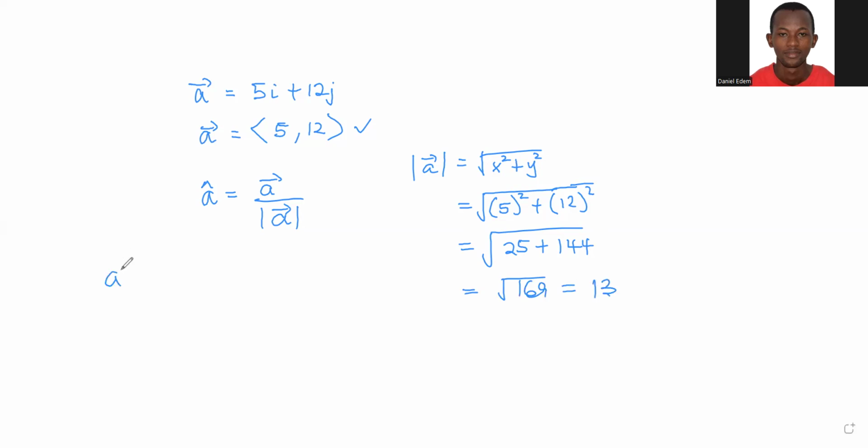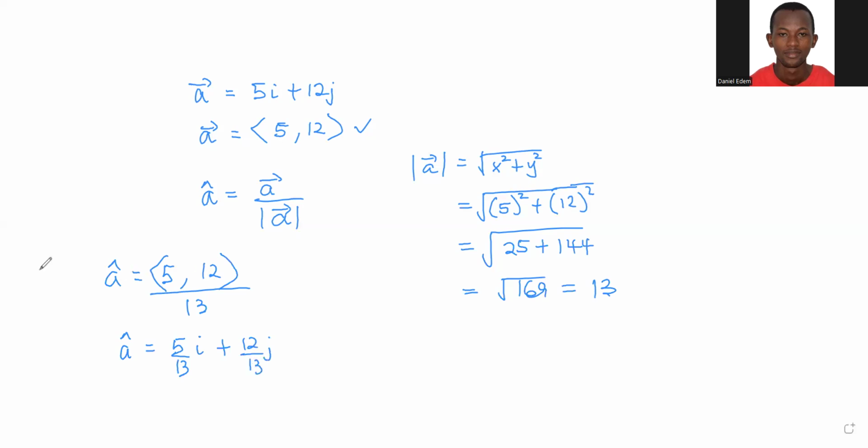And so coming back to the unit vector, we said it is your vector for the magnitude was 13. And so to solve them individually, this means 5 upon 13 i plus 12 on 13 j.